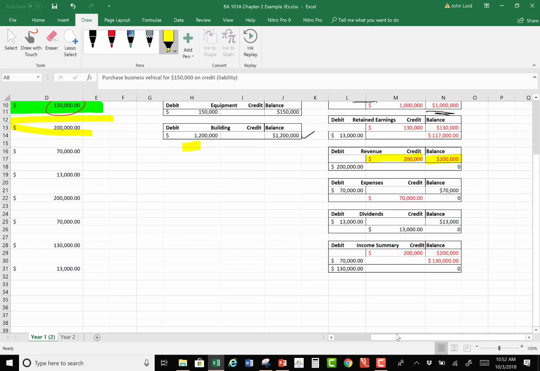So, income statement. And what shows up on my income statement? Revenues minus expenses. And then I'm going to show my net income, right?